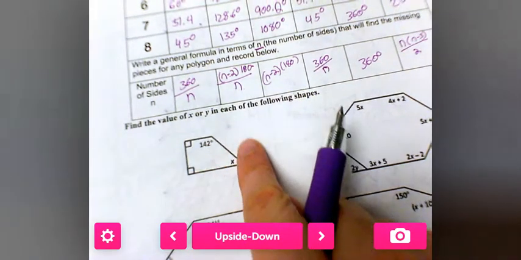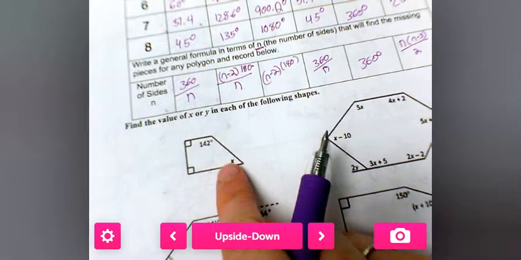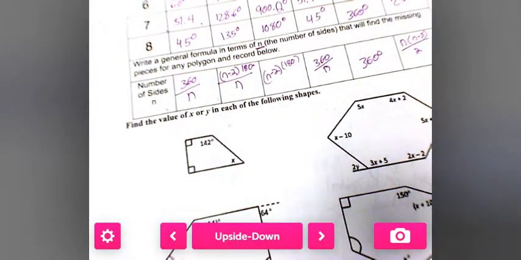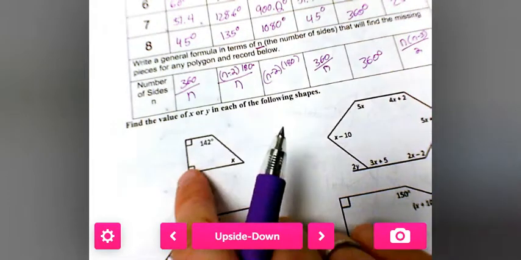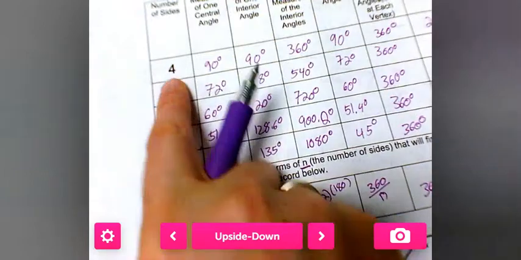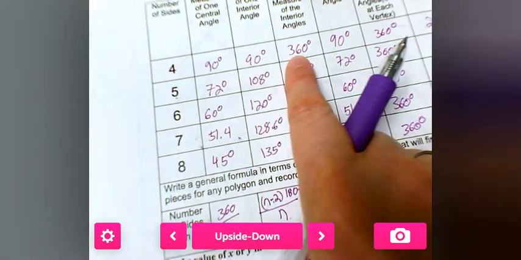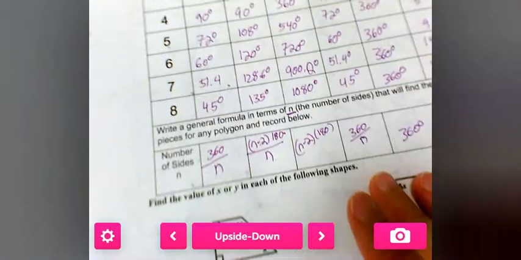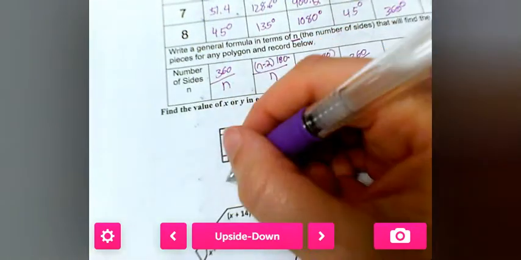Right here, how many sides does this shape have? 4. So I know it's going to add up to how many degrees on the inside? 4, the sum of the interior angles is 360. What do those little squares mean? 90.